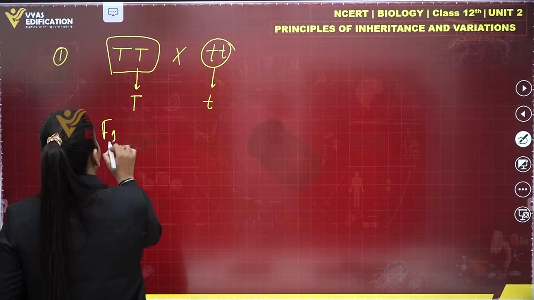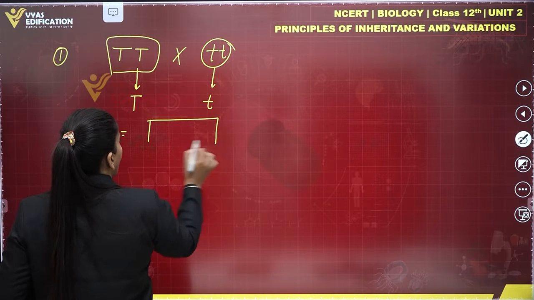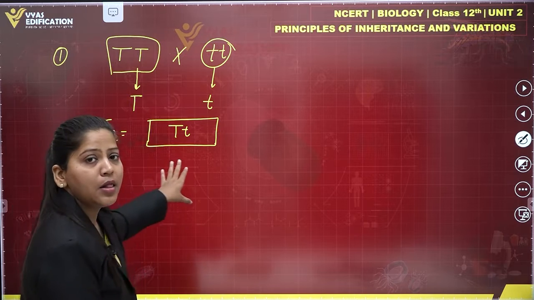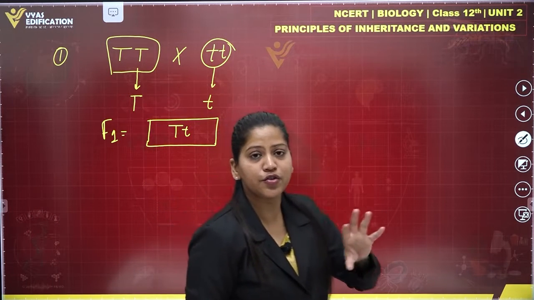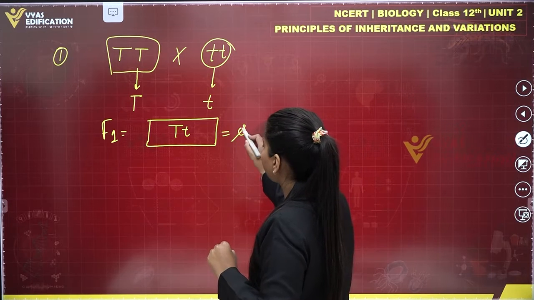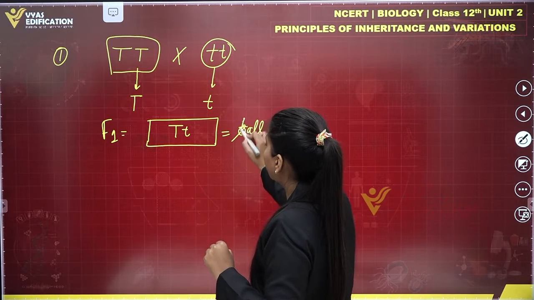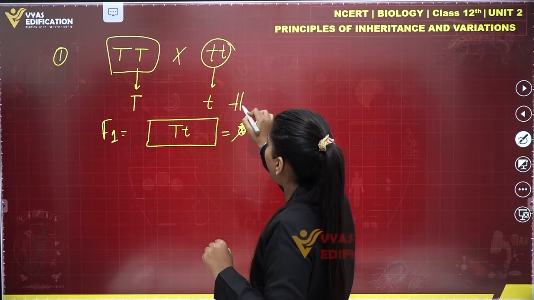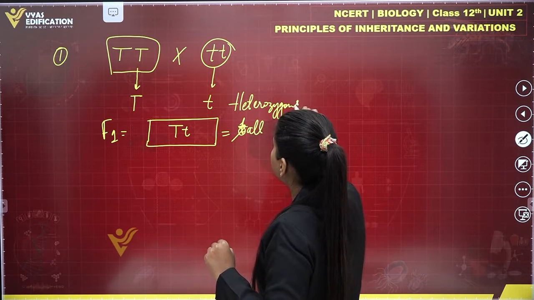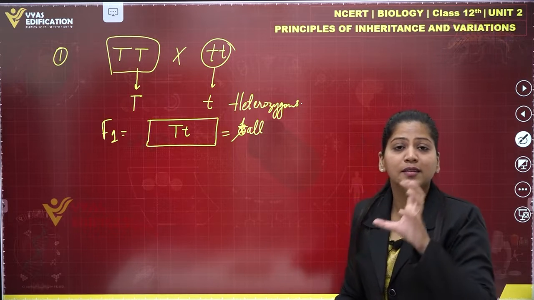All the offspring without exception in the F1 generation will be tall, that means heterozygous tall. All the offspring will be heterozygous. This is the result.